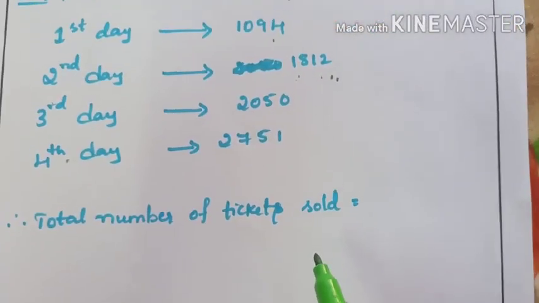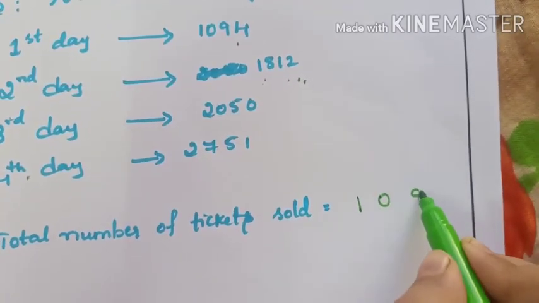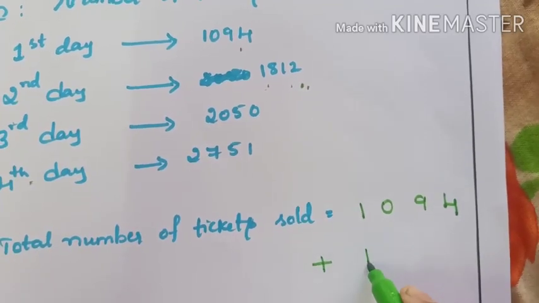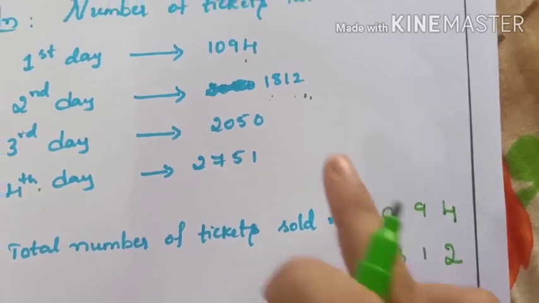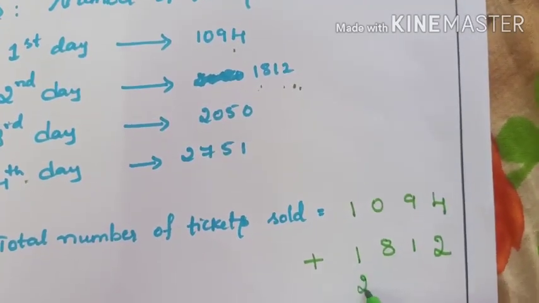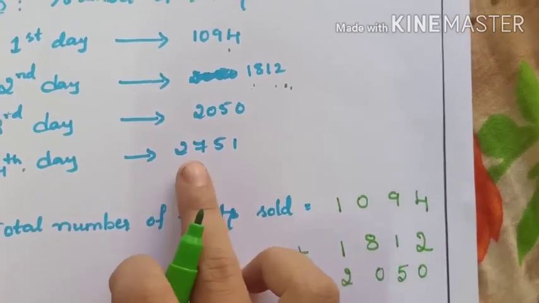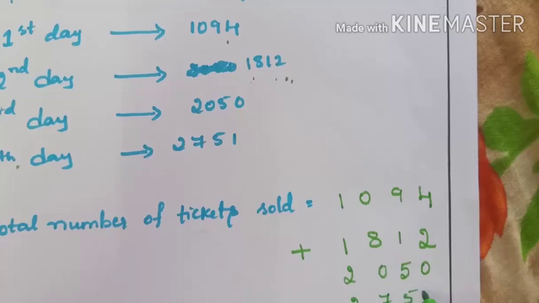See, total number of tickets sold is equal to 1094 plus 1812, then 2050 and then 2751.